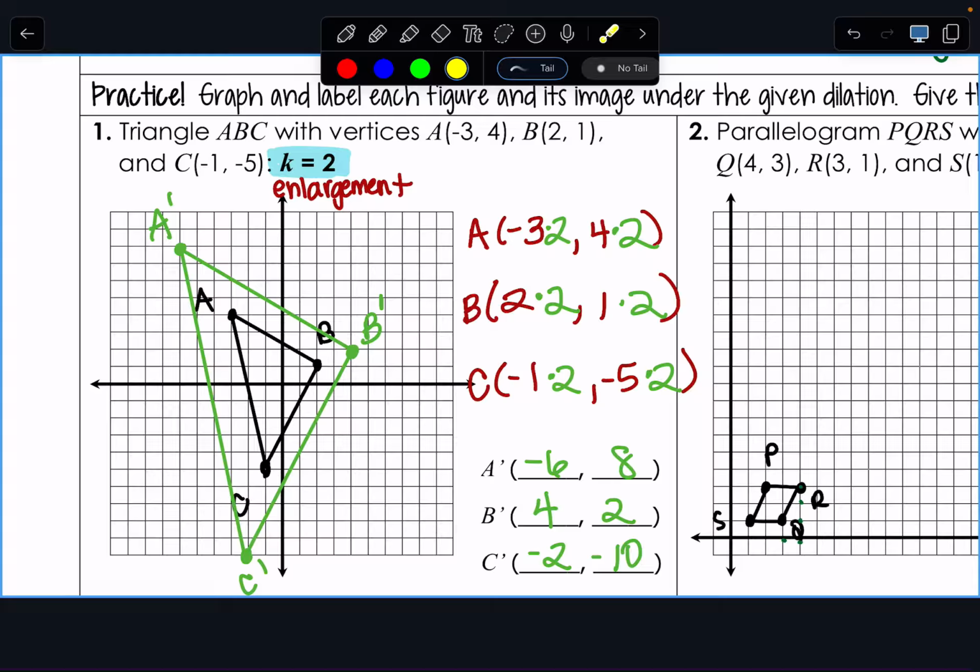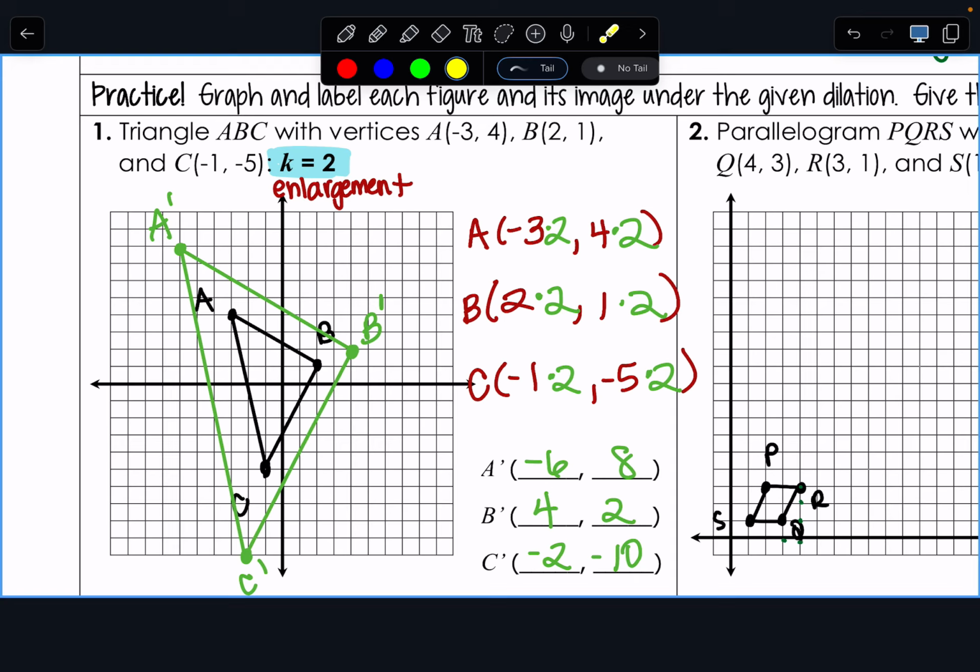Okay, now, what is true about my green triangle and my original triangle? Eyes up here.